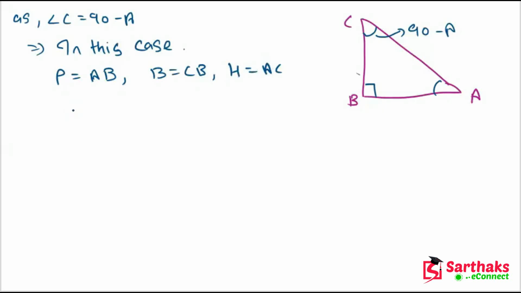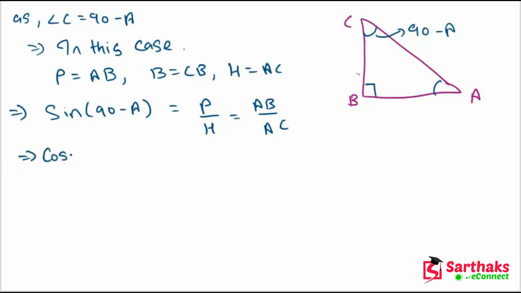Now sin 90 minus A, what is it? Perpendicular upon hypotenuse, meaning AB upon AC. And cos 90 minus A is equal to base upon hypotenuse, which is AB.